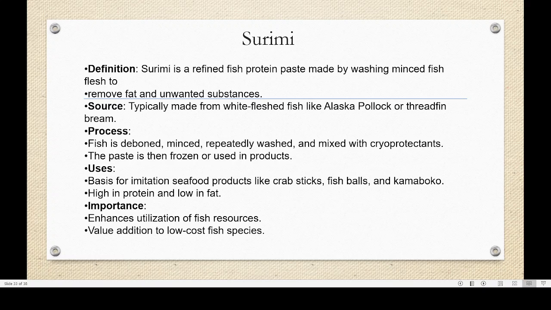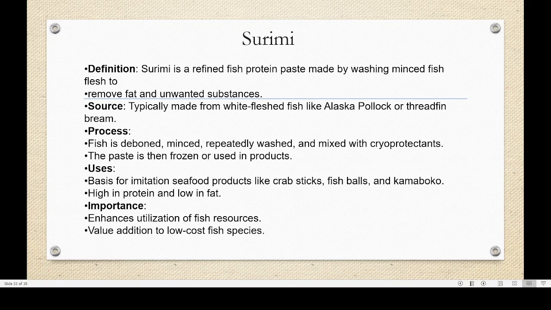So basically, it is fish paste made from unused fish, minced fish, from which fat will be removed. So fish is deboned, minced, repeatedly washed and mixed with the cryoprotectant. Cryoprotectant means we will be cooling it in very low temperature, maybe minus 20 or minus 30.